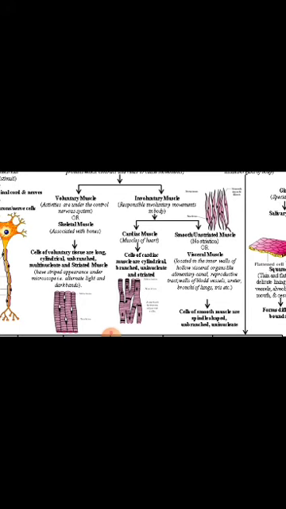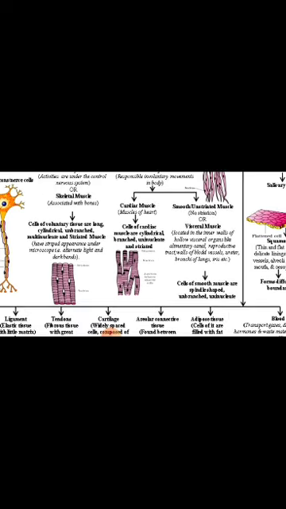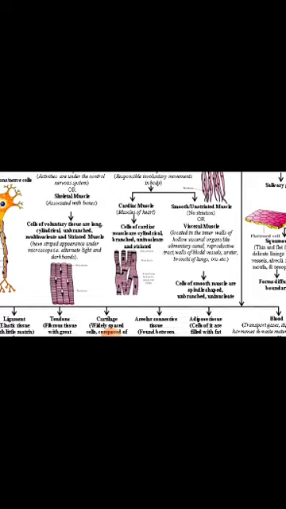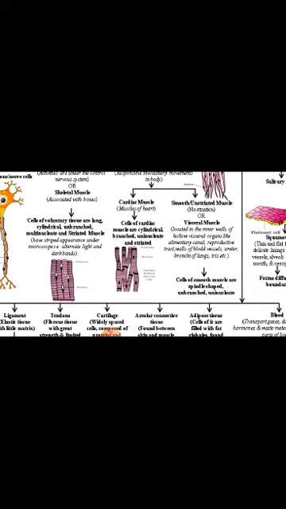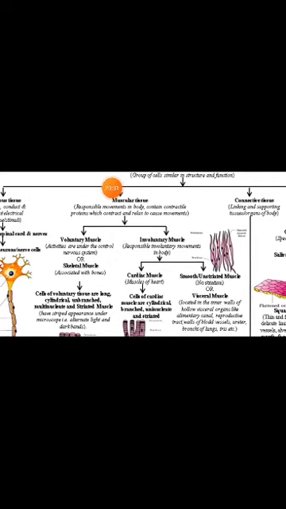Now the cells of the voluntary tissues are long, cylindrical, unbranched, multinucleate and striated. When we see its structure, we can see that they have a striped appearance, and when we see it under the microscope, we can see the dark bands in the tissues.